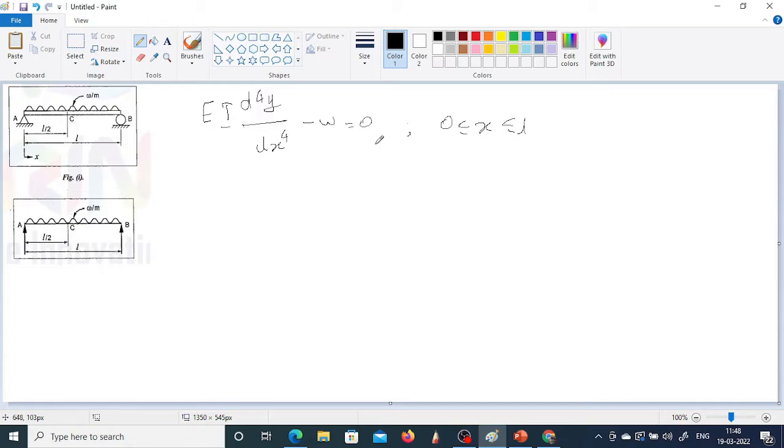Here, what is E? E is the Young's modulus and I is the moment of inertia. So from this data we can frame the governing equation.